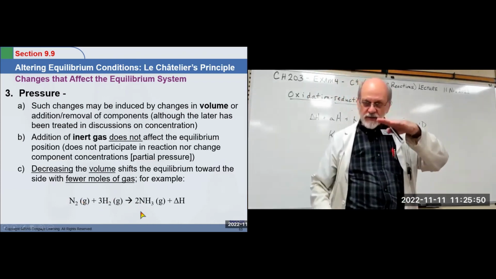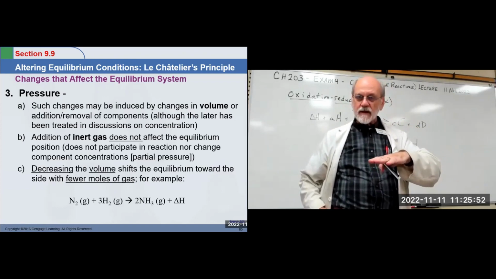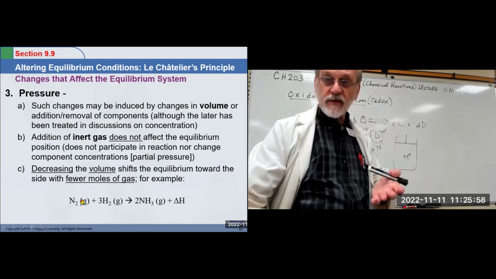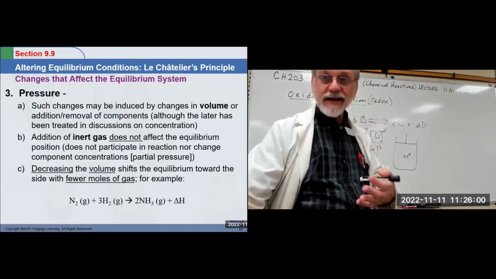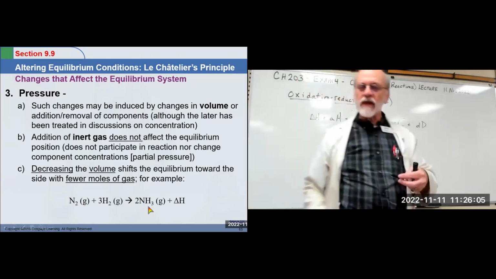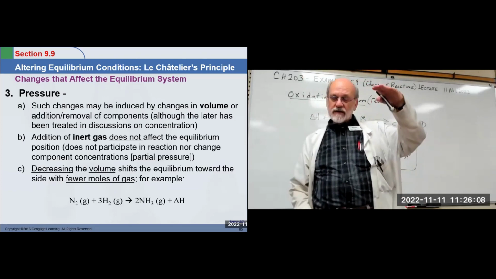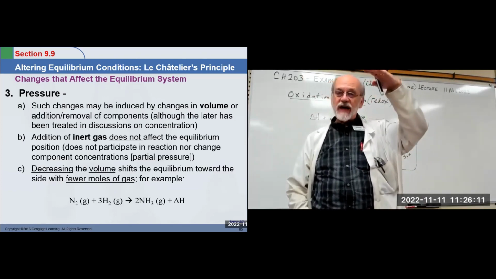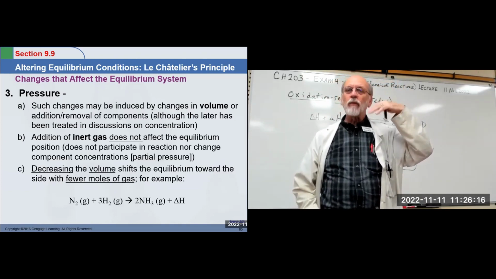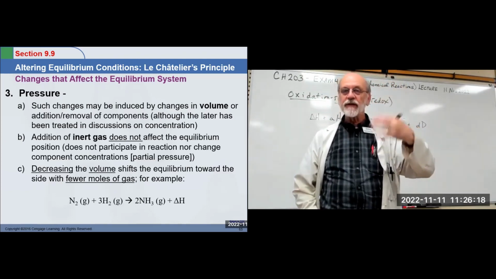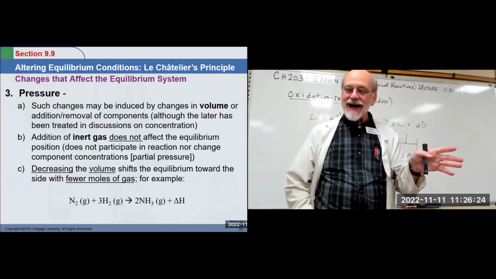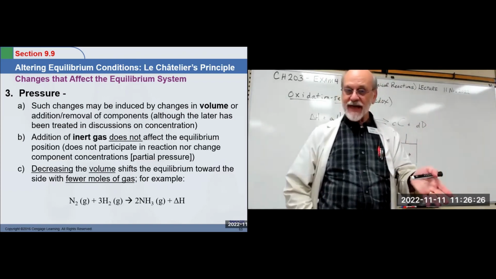So when you increase the pressure by decreasing the volume, you put these reactants in closer proximity to each other, so the reactions are more likely to occur, and we produce product. And if we decrease the pressure by increasing the volume, more moles of gas can fill that space, and the reaction is favored in the reactant side because it has more moles of gas.